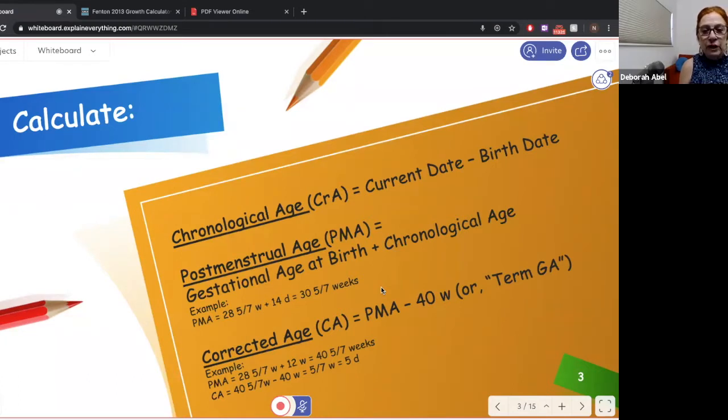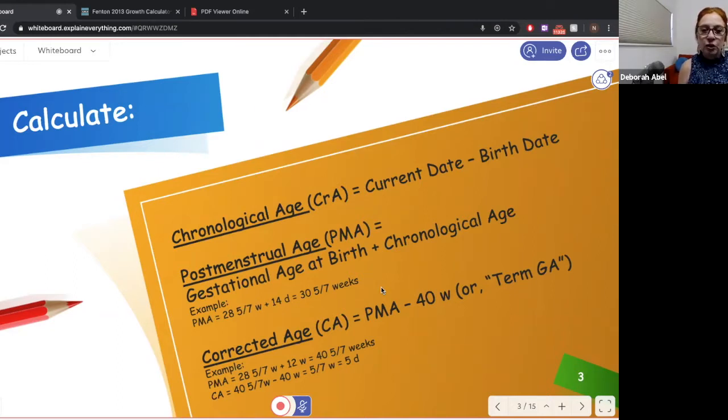Postmenstrual age is the gestational age at birth plus the chronological age. And here I have an example. So the baby was born at 28 and 5 days. We report that as 28 and 5/7 weeks, plus 14 days that they were alive, and it would be reported as 30 and 5/7 weeks. So 30 weeks and 5 days old.